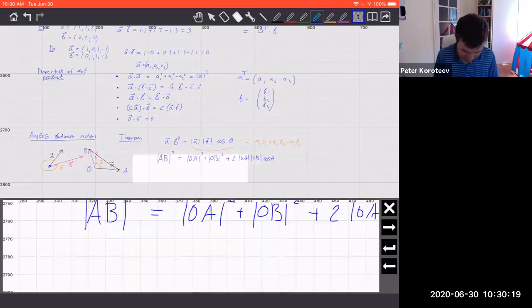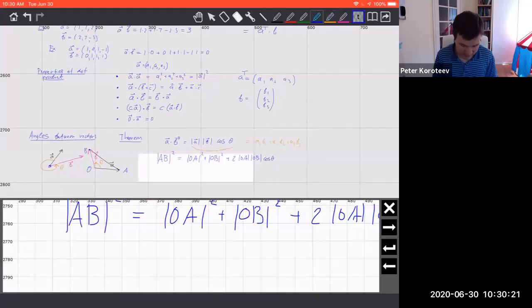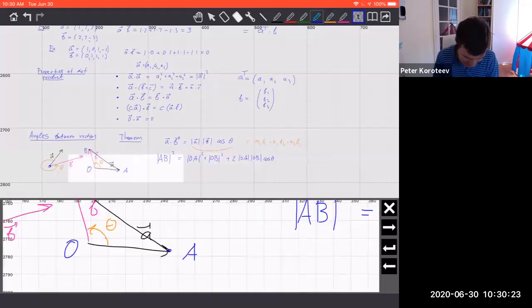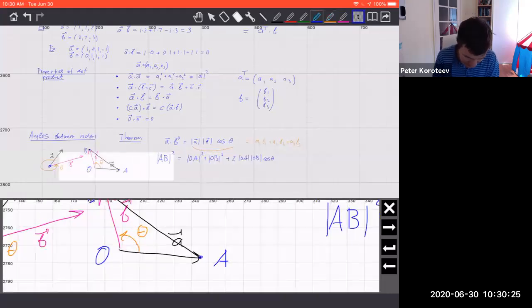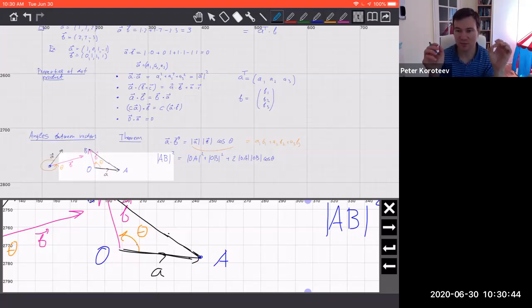So what is AB in terms of vectors A and B? So remember, this is vector A, and the picture is a bit dense, so let me make it simpler. This is B. How can we represent the segment AB in terms of vectors little a and little b?